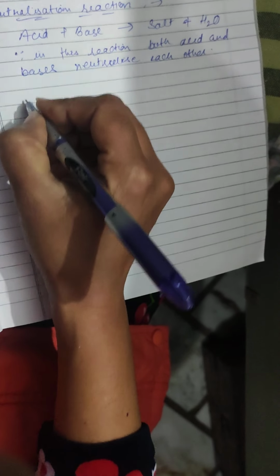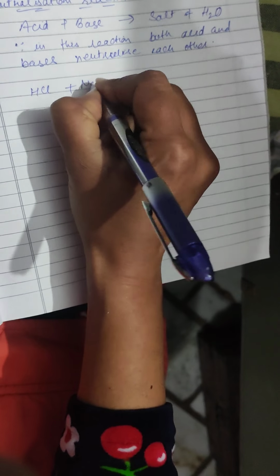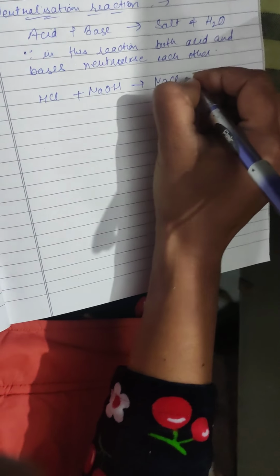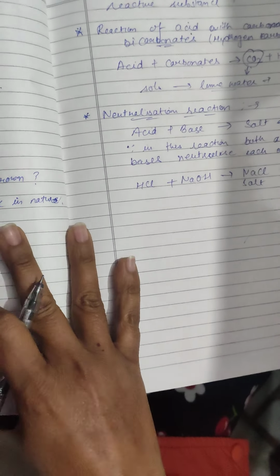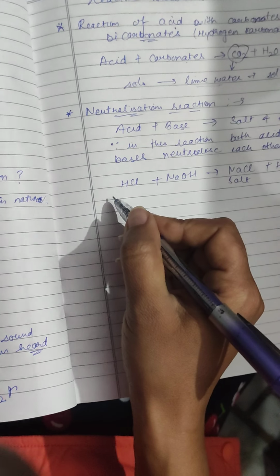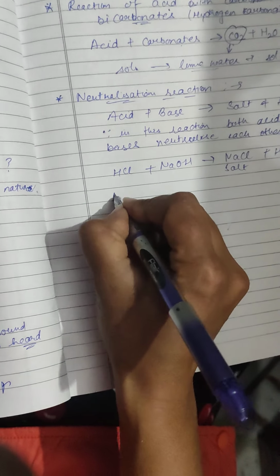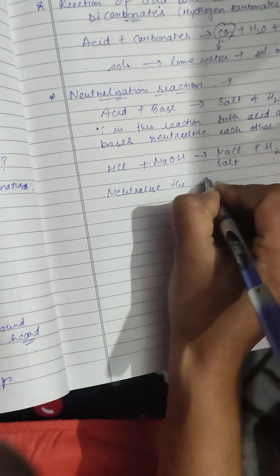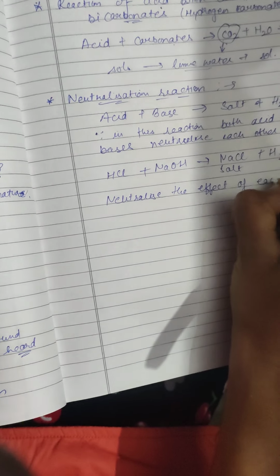For example, let us take an acid, that is HCl, plus a base, that is sodium hydroxide. This is converted into sodium chloride, that is salt, plus water. In this reaction, both neutralize the effect of each other.